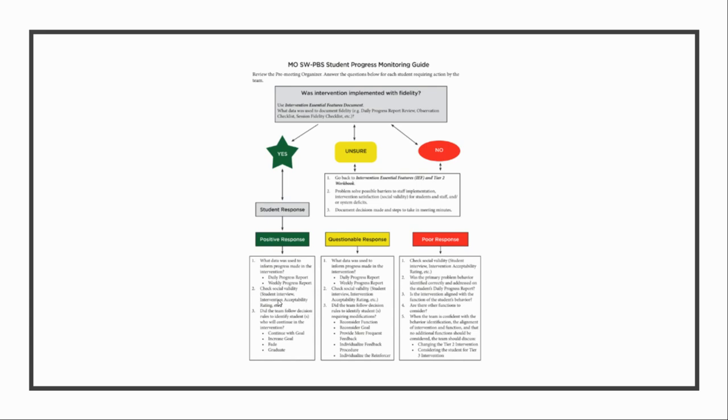Are there other functions of those behaviors that had not been considered? When the team is confident with the behavior identification, the alignment of the intervention, and the function, and that no additional function should be considered, the team should discuss maybe changing that intervention or considering the student for those tier 3 individualized interventions.